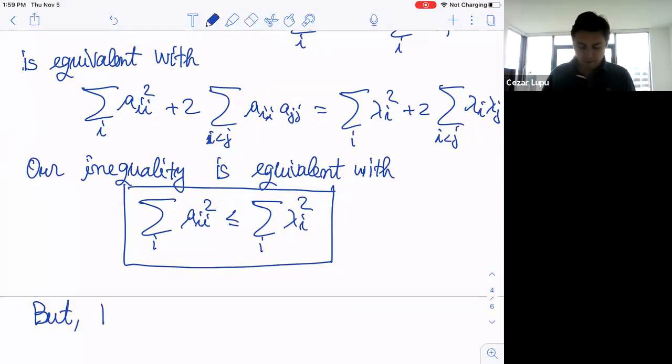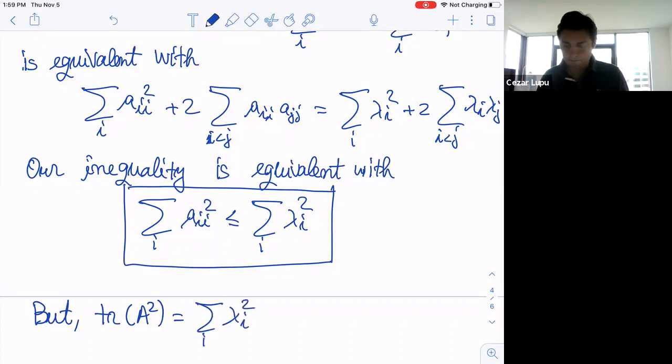I'm going to look at the trace of A squared, which is the sum of the lambda_i squared, which is less or equal, wait, just a second. Now let me do it like this.